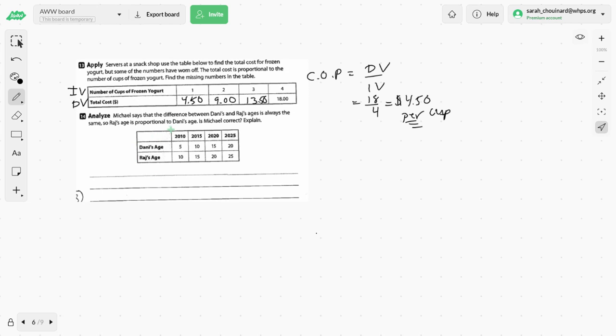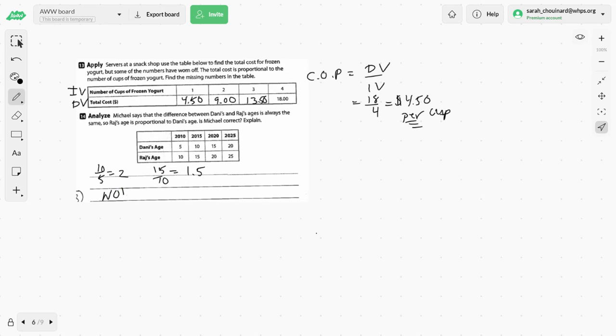And then Michael says that the age is proportional. So Raj's and Danny's age is proportional. So basically, if I divide one by the other, I should get the same number. So if I do 10 divided by 5, I get 2. If I do 15 divided by 10, I get 1.5.